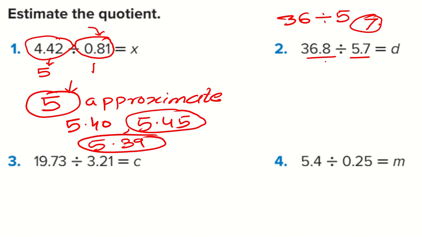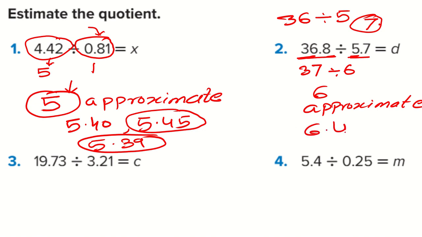But here we have 36.8 and 5.7. So we can take 37 here, a closer number, divided by 5.7, like 6. So 36 divided by 6, what will you get? The quotient will be almost 6. Approximately it will be equal to 6. Maybe 6 point something, 6.3, 6.4, something like this.